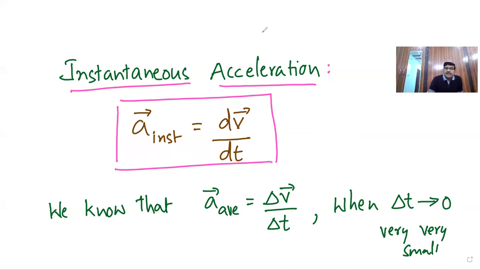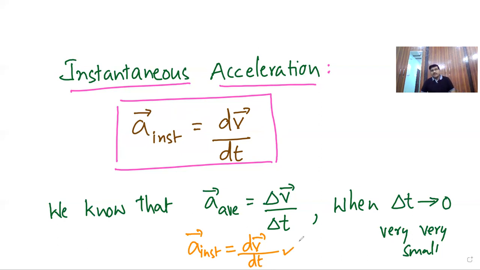That means this leads to A instantaneous. Okay, right? That is dv bar by dt.